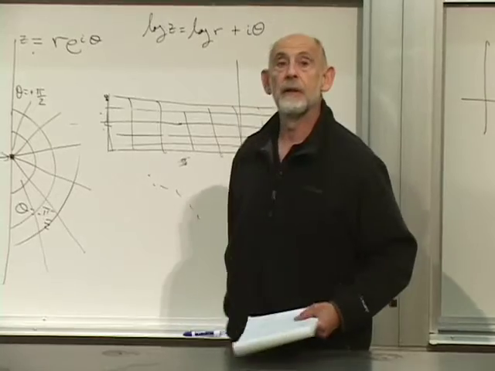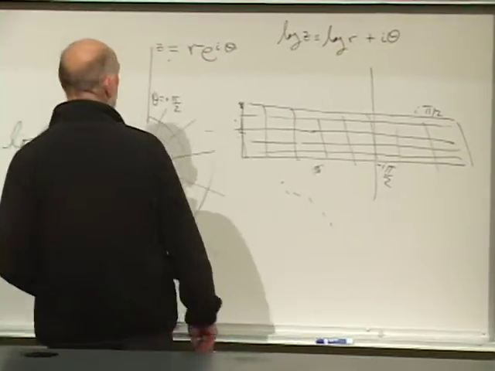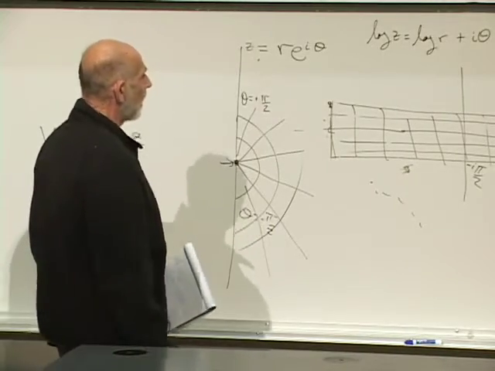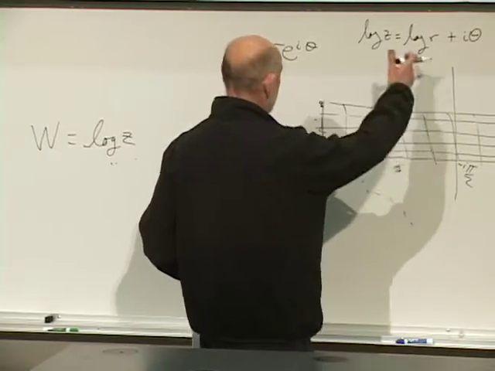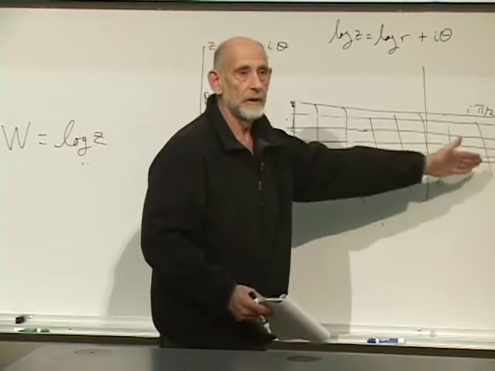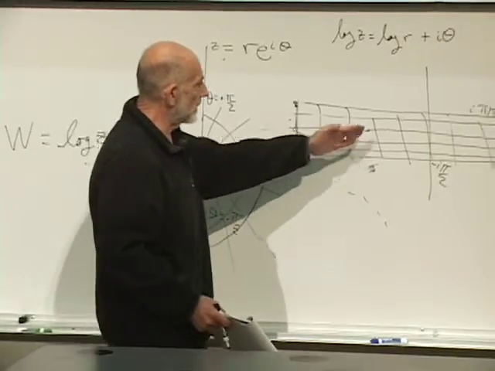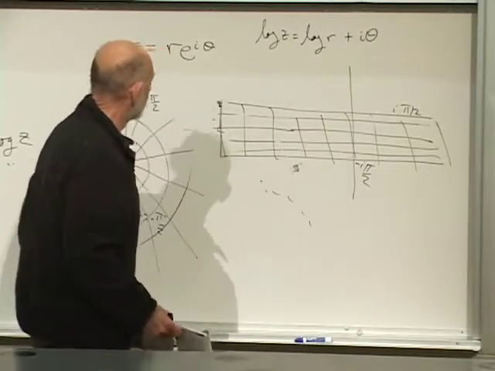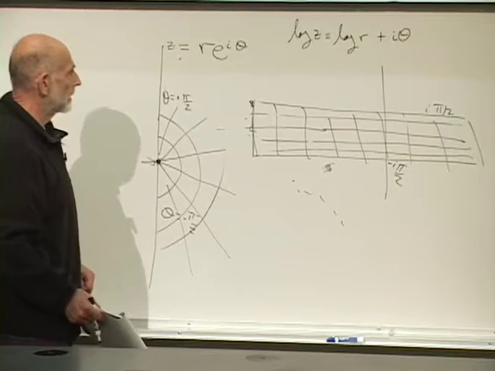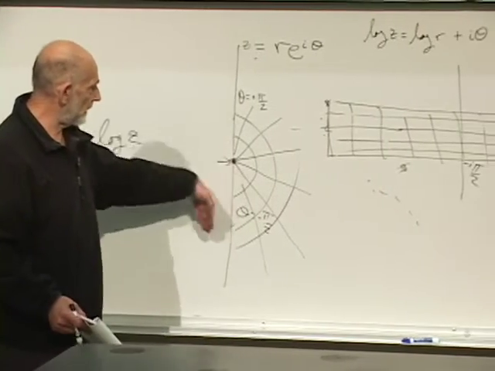I have a quick question for you. So you've let R equal 1? No, R equals 1 is some particular line here. These lines are lines of constant R. R equals 1 is right at the center here. R is those circles, the various circles here.